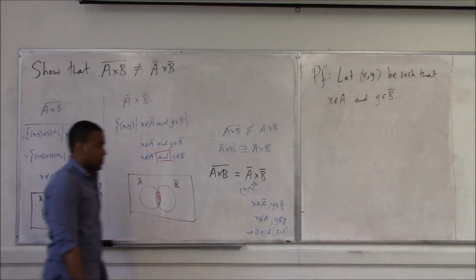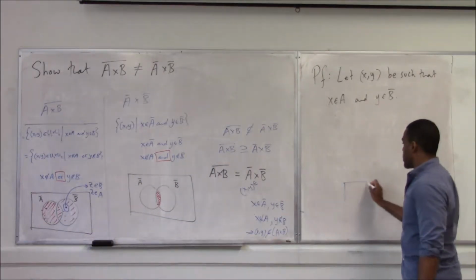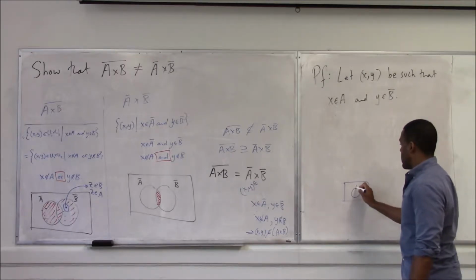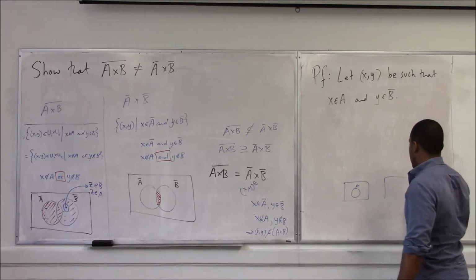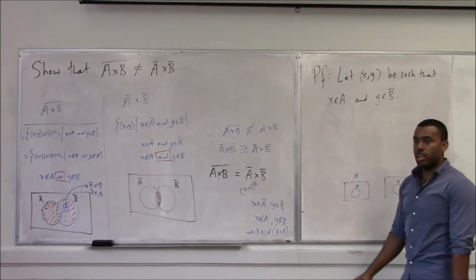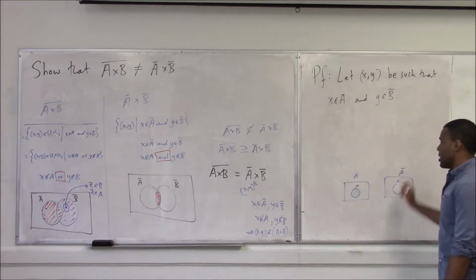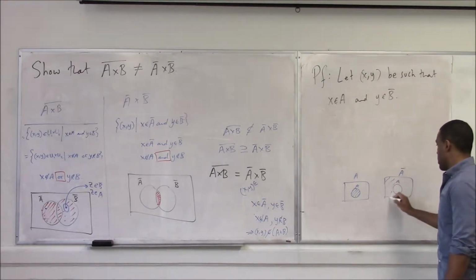Alright. There are only two regions, right? If you were to draw a picture, let's say there's one set here, that's A. What is A if you were to shade it on the picture? Well, it's this guy. What is A complement if you have to shade it on the picture? Everything else.